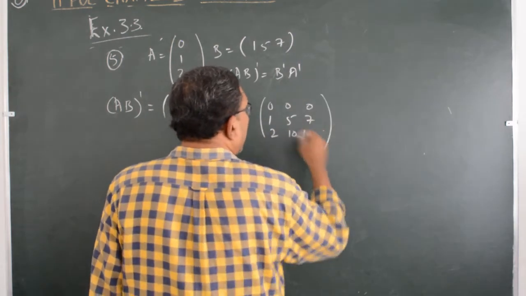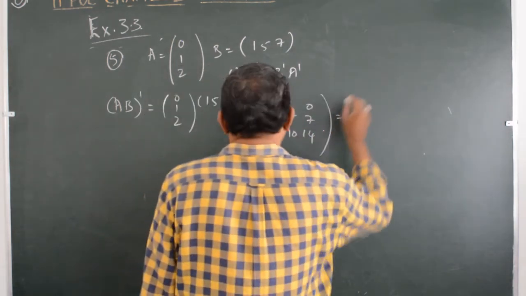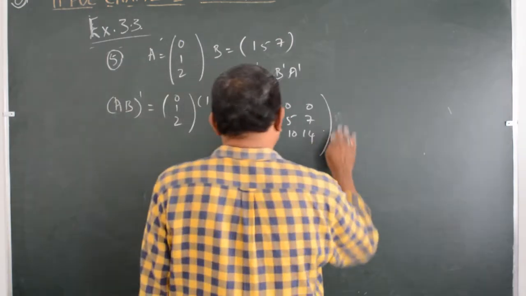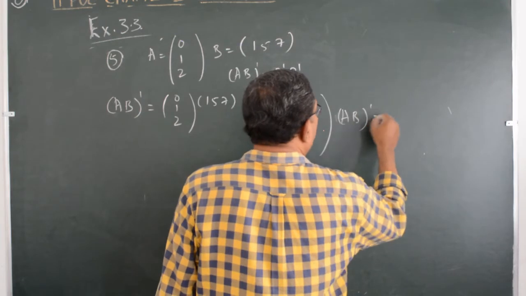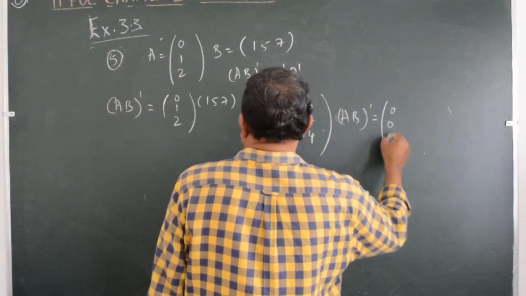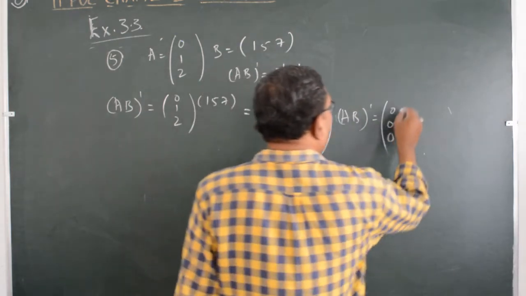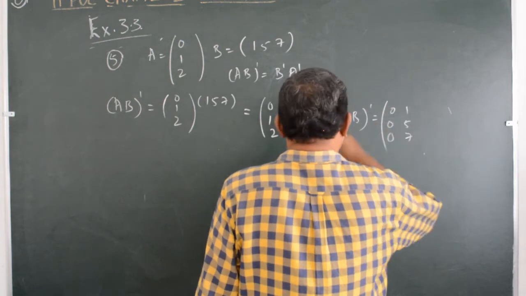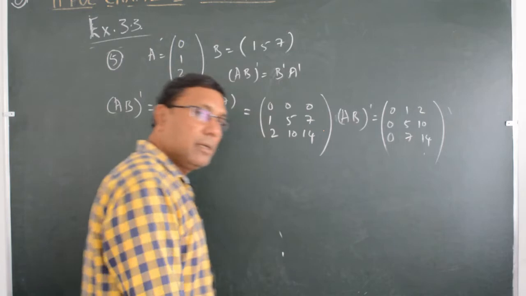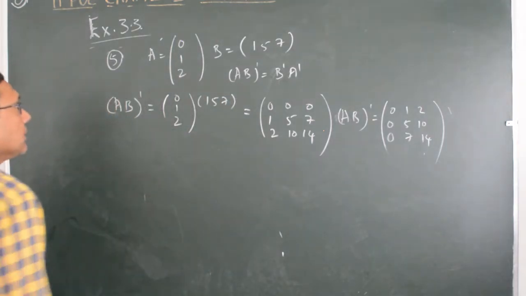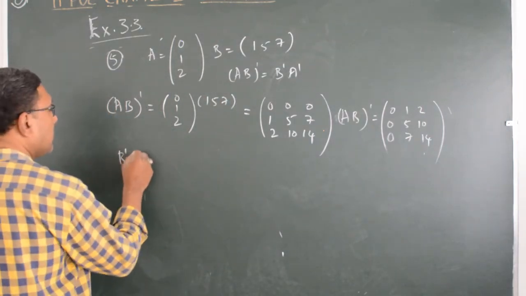Okay, take a transpose of this. This will be AB transpose; AB, its transpose will be 0, 0, 0, 1, 5, 7 and 2, 10, 14, right? Take the other part, that is B transpose into A transpose.